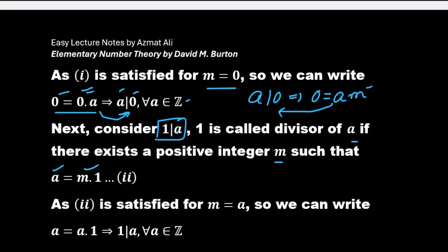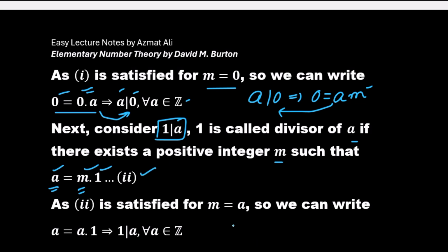What is the dividend? The dividend is a on the left side, and the divisor is 1 on the right side, and m is an integer, so you can write a equals m into 1.